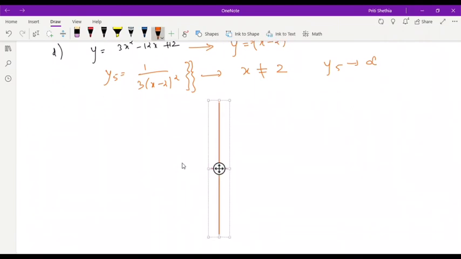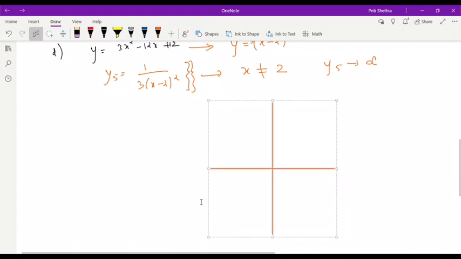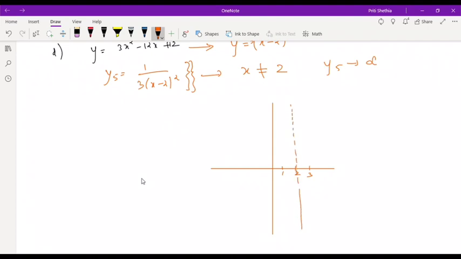So for example, here this is my x and y axis, and if I try to plot this graph, the only thing I need to be careful about is this is x is equal to 1, this is 2, this is 3. I have to do a demarcation of x is equal to 2, and my graph, this is a normal reciprocal graph, but it will have an asymptote of x is equal to 2.